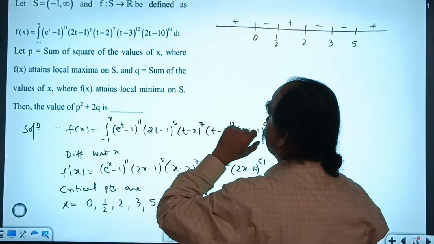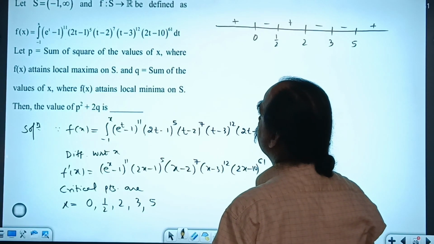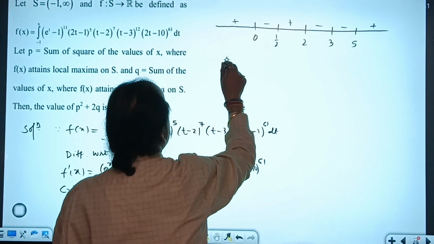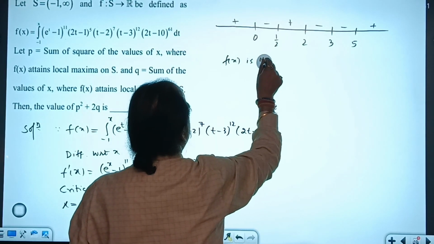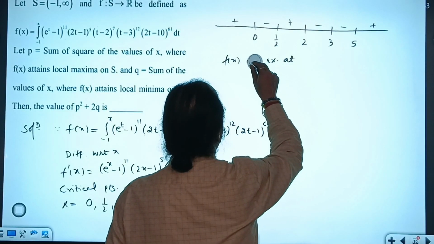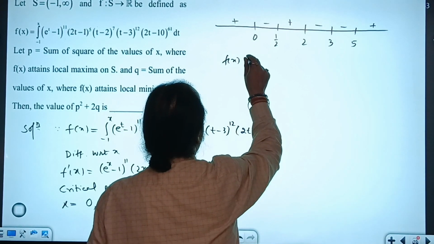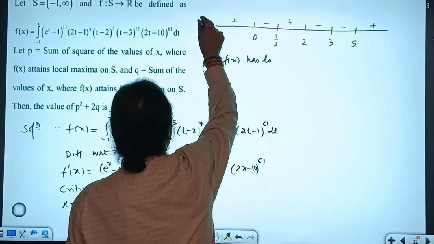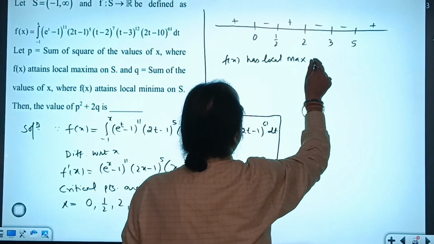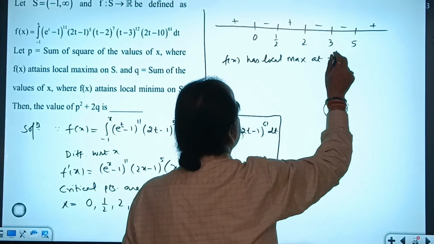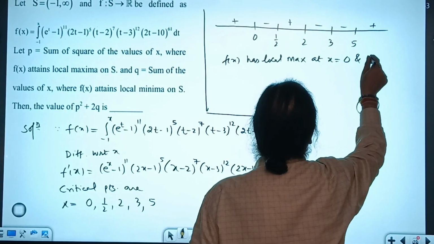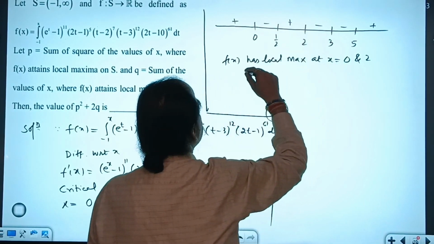For maximum, at x equal to 2 and 0. On right side of 2 it is positive, and on left side of 0.